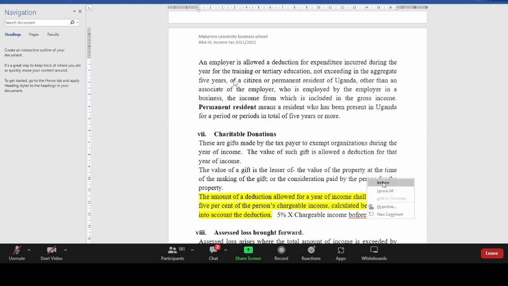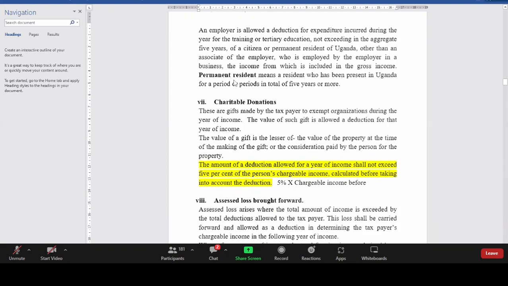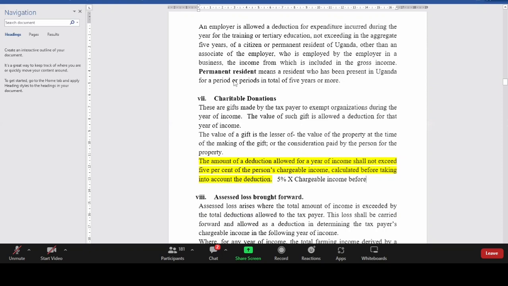Whereas remember the one for people with disabilities, it is after you have already computed the tax payable, then you get 2% times that figure.